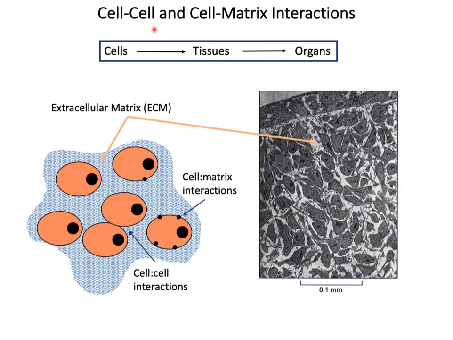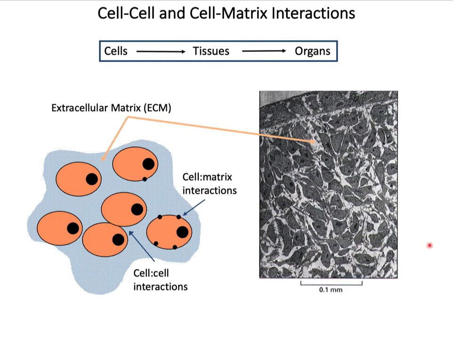And it is through cell-to-cell interactions as well as cell-to-matrix interactions that these tissues and organs are maintained. In the extracellular space is an environment known as the extracellular matrix, or the ECM. And it contains a concentration of proteins and proteoglycans.